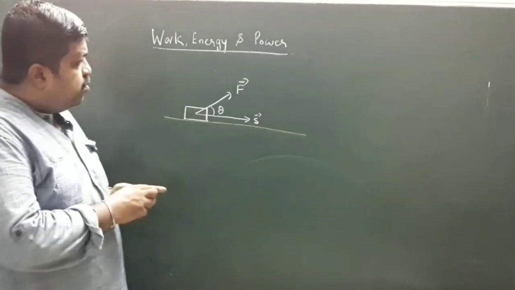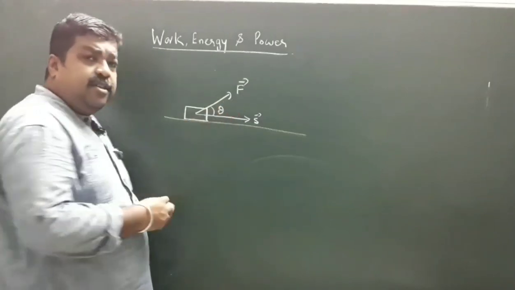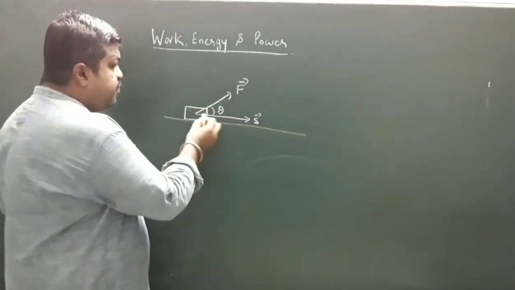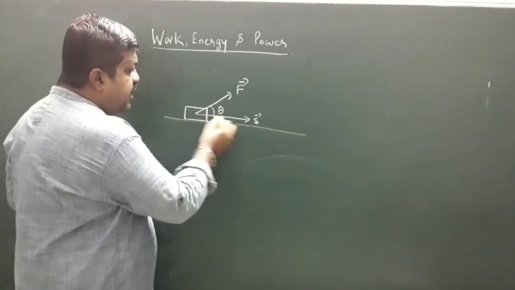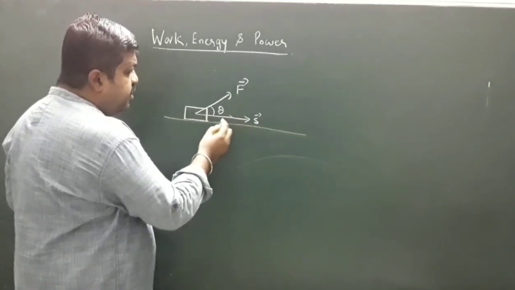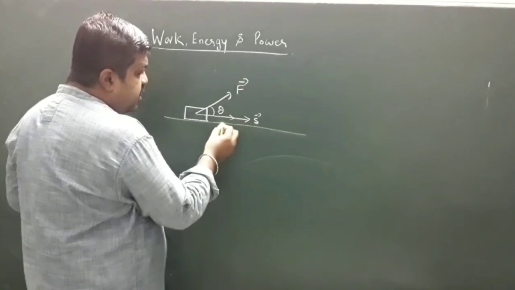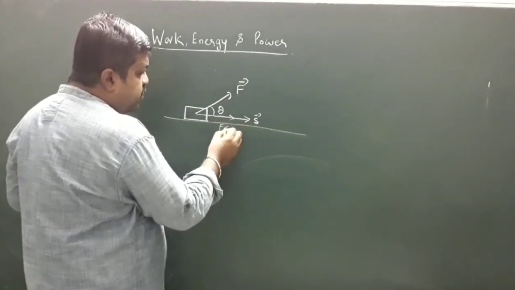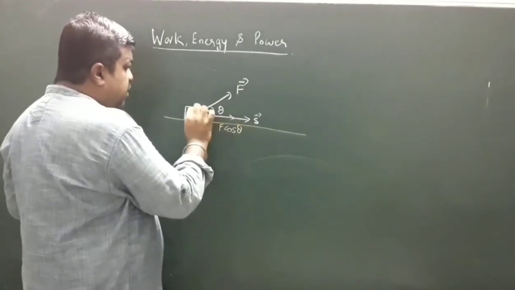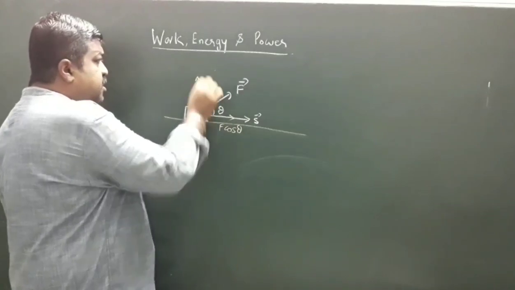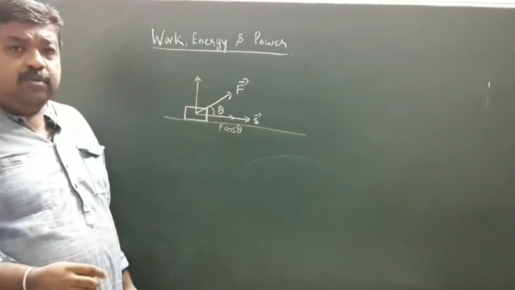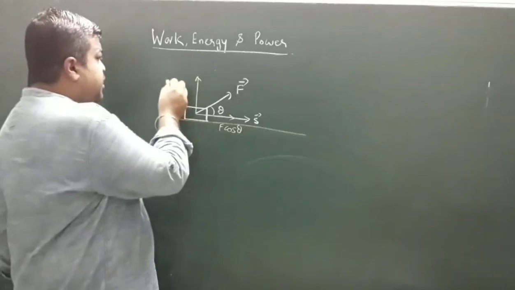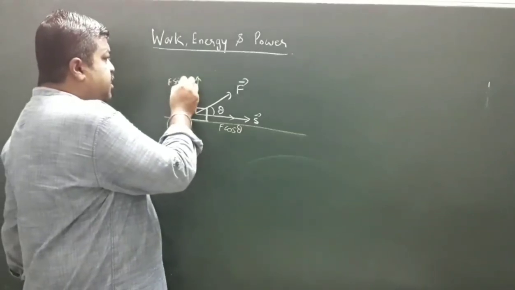Now this force has two components, one component acting along the displacement, so this component is F cos theta, and one component acting perpendicular to the direction of displacement, this is F sin theta.